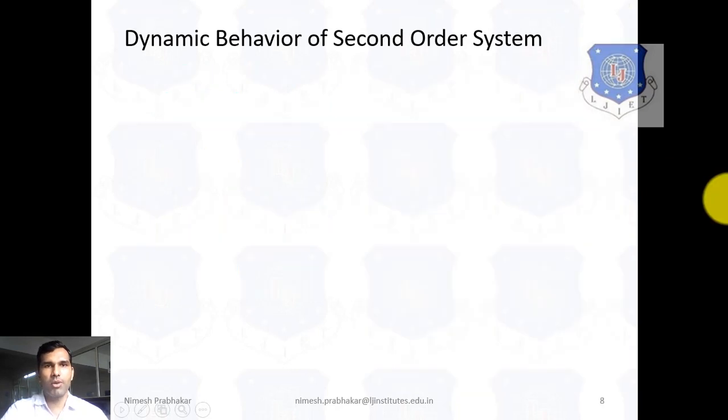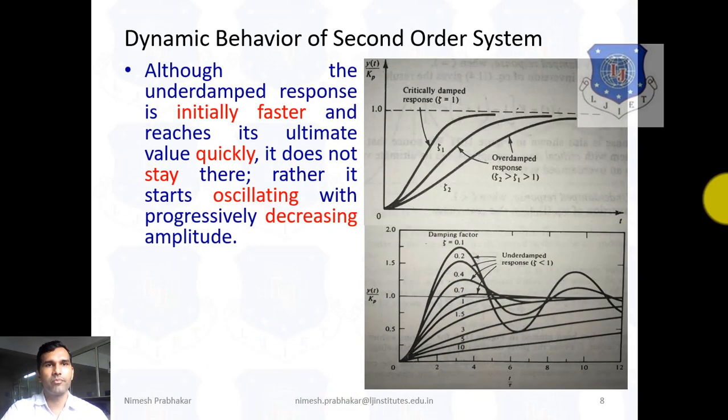Now we can also compare from this behavior. Although the underdamped response is initially faster and reaches its ultimate value quickly, it does not stay there; rather it starts oscillating.